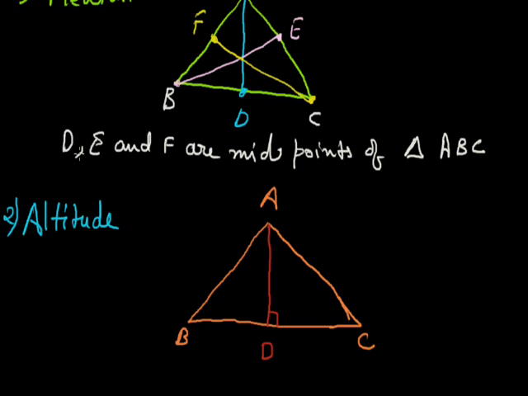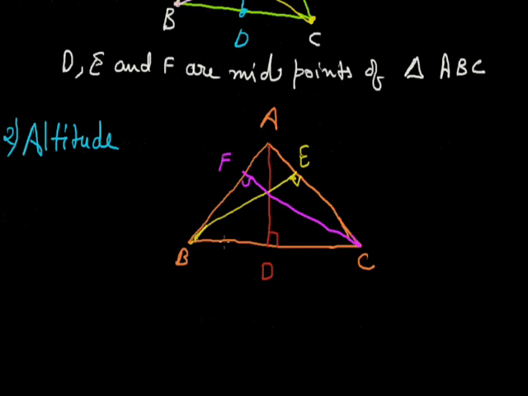Now I have one more side, so if I draw a perpendicular from B to AC, then this will be the second altitude. Next, if I draw a perpendicular from point C to AB, then this will be the third altitude.